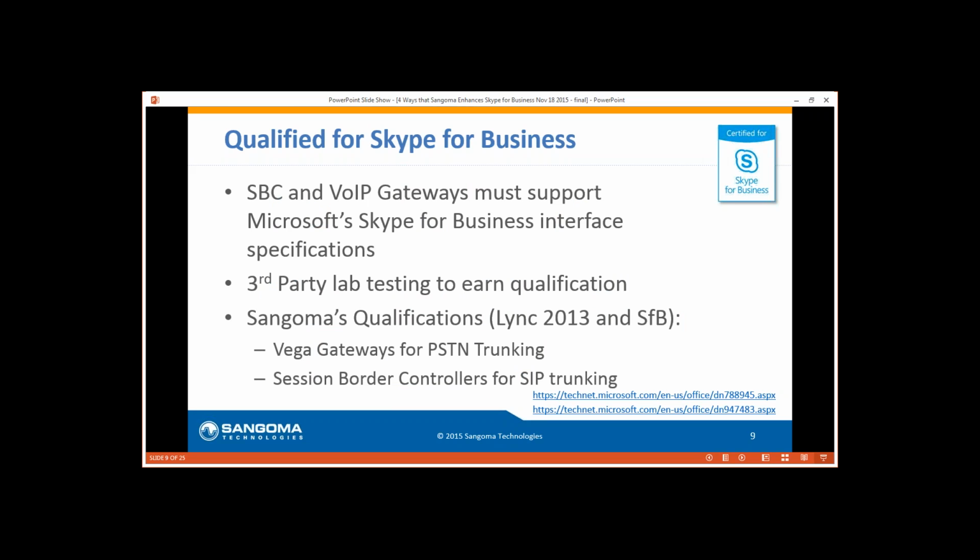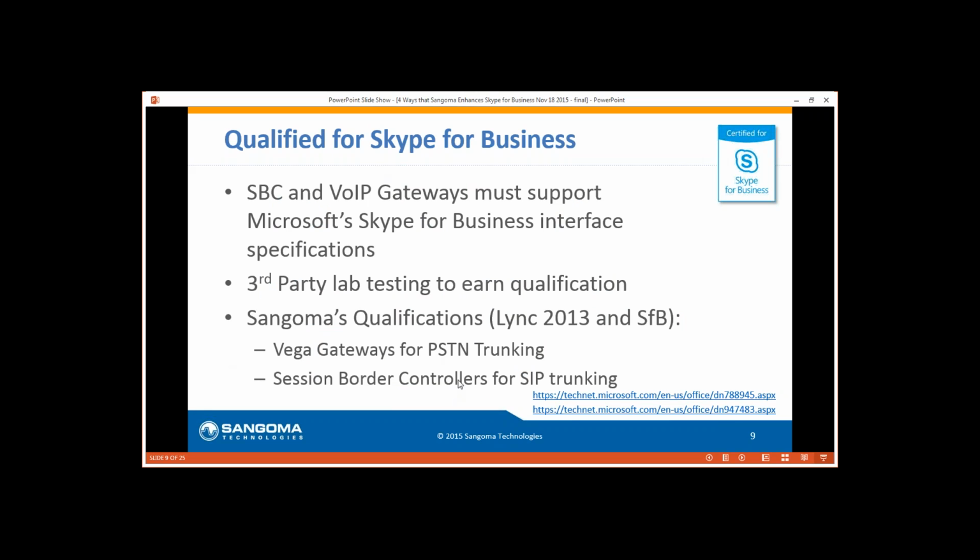They rely on partners, and there's a specification, a process to get certified, called Qualified for Skype for Business infrastructure. And Sangoma took its SBCs and gateways through this third-party lab testing, and you can verify our certifications or qualifications from these links here.